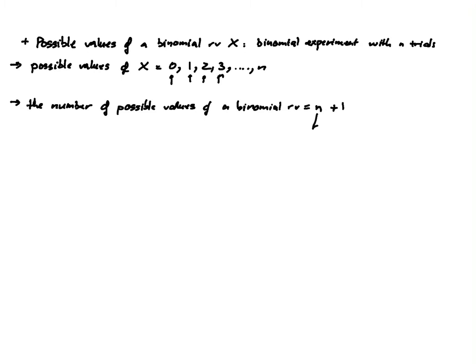Where n here is the number of trials in the binomial experiment.